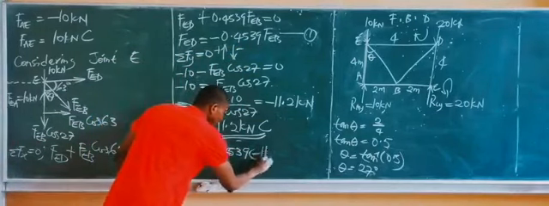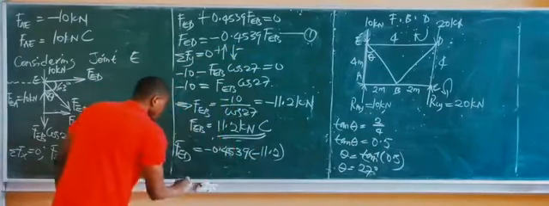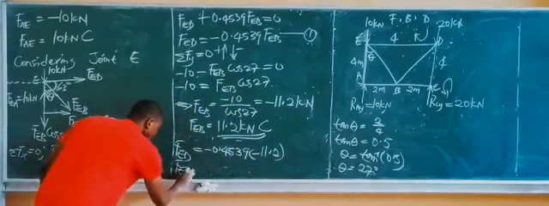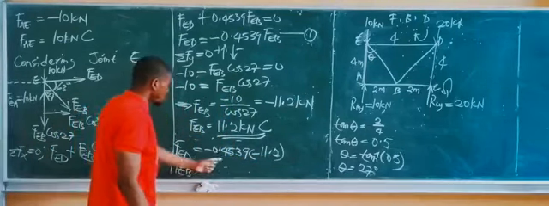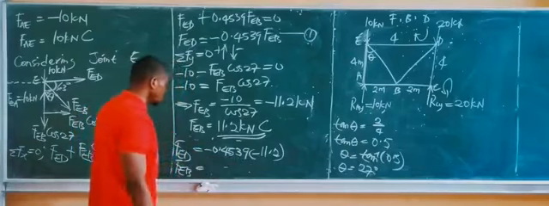So therefore FEB is now equal to minus 0.4539 times minus 11.2.